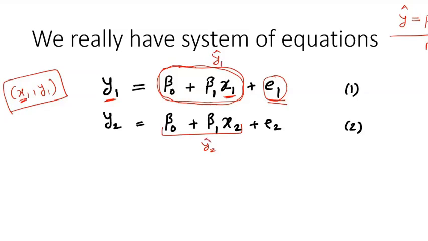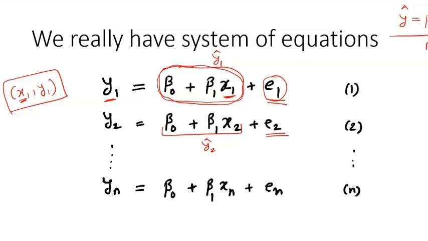This is y1 estimation and this is y2, and this is the error. This may be plus, this may be minus, but I have to adjust like this. Then if I keep on doing this, then this will be yn estimated. Okay.